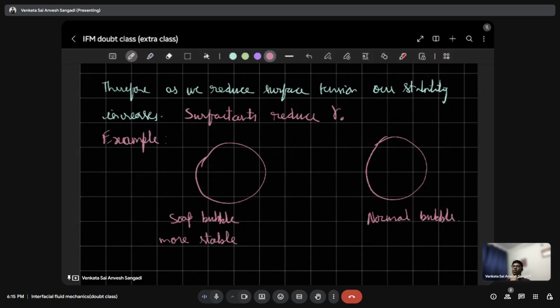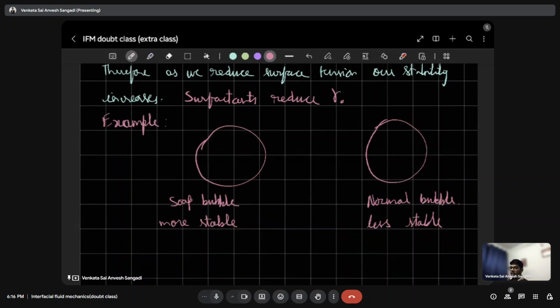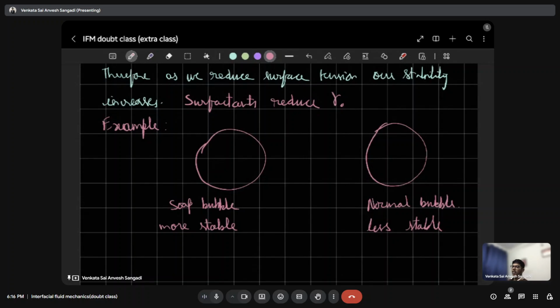You have a soapy fluid, and then you blow out bubbles, and you may have noticed that they have a longer life, as in they stay in shape for a longer period. Whereas if you try to create a normal bubble with higher surface tension, it tends to break away as soon as it's formed. So this is also an example to show that reducing the surface tension, or introduction of surfactants, in fact increases the stability.